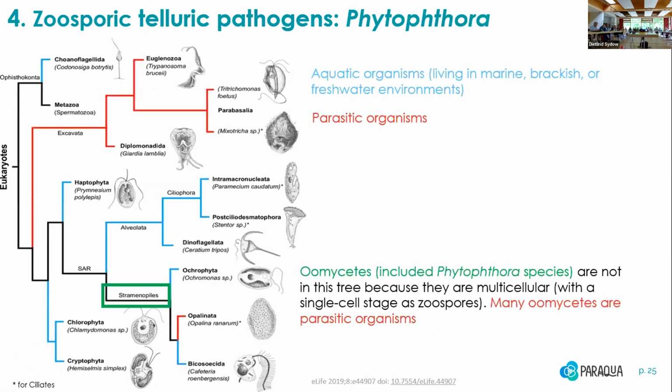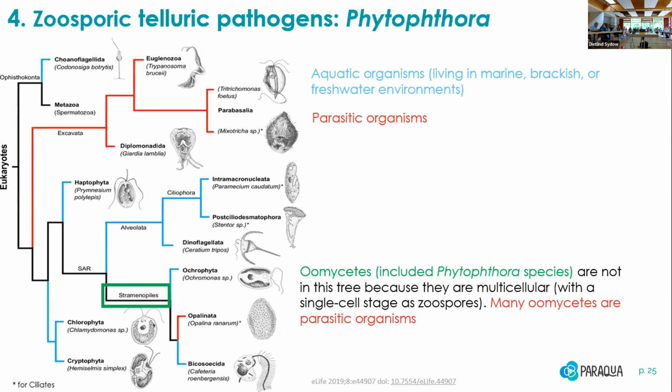Okay, finally, I would now like to focus a little more attention on the motion mechanism and infection mechanism adopted by the organism that I have studied, which is Phytophthora. In this tree of unicellular swimming eukaryotes, we can find many different organisms, and among them we can also find parasitic organisms.